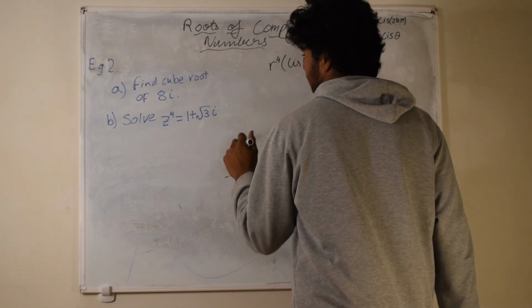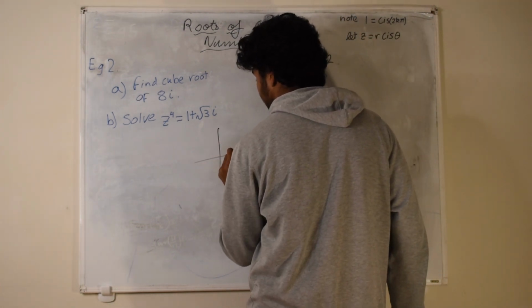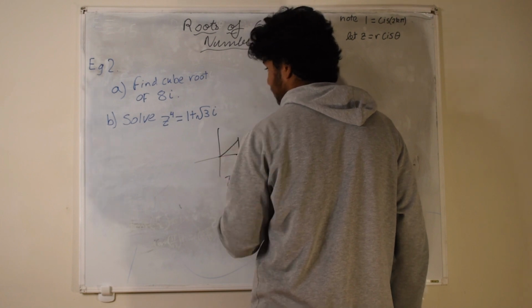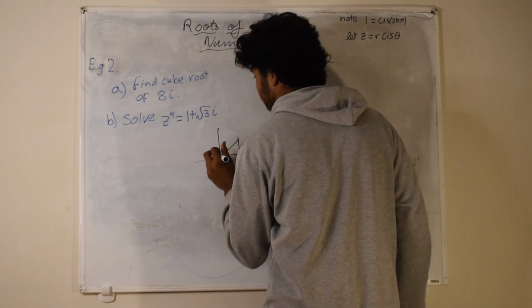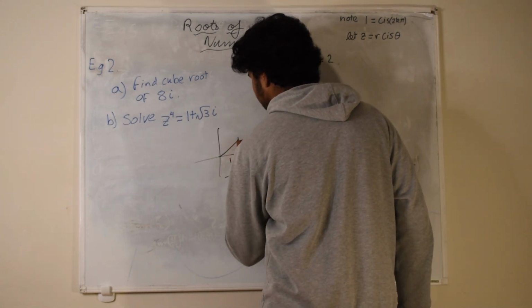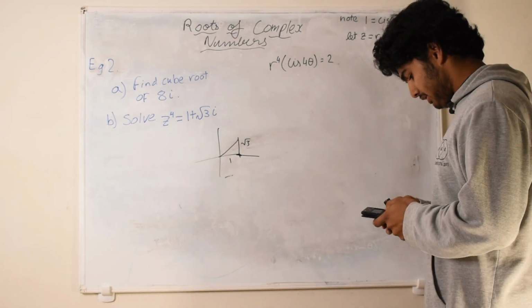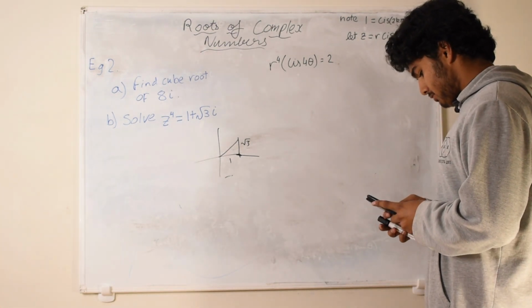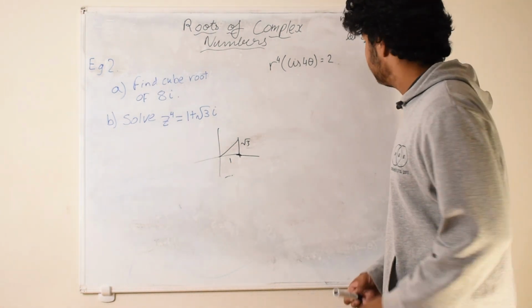Argument. Argument diagram. We've got root 3 around here, 1 around there. Something like that. Sorry, my bad. 1 would be here, root 3 would be here. Inverse tan of root 3 gives me, I believe, 60 degrees. Root 3 is correct, 60 degrees.